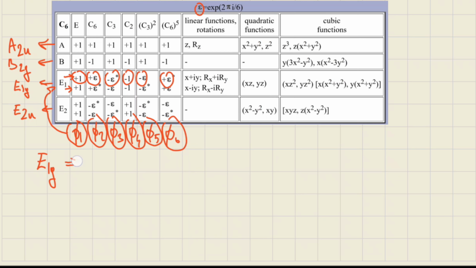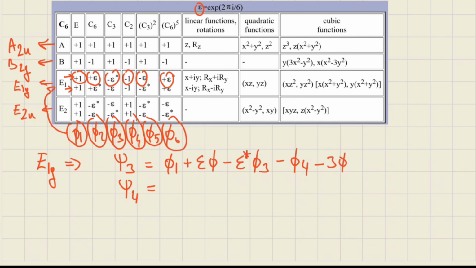This will be our third and fourth wave functions. The first one, which will be phi1 plus epsilon phi2 minus epsilon star times phi3 minus phi4 minus epsilon phi5 plus epsilon star phi6.